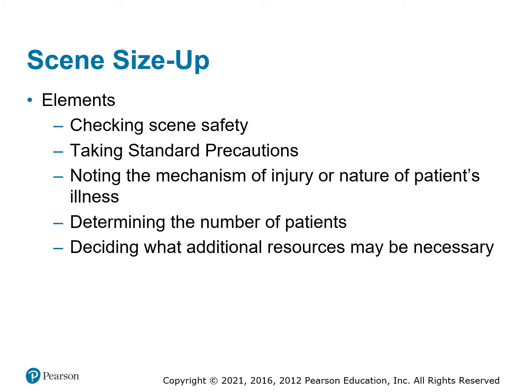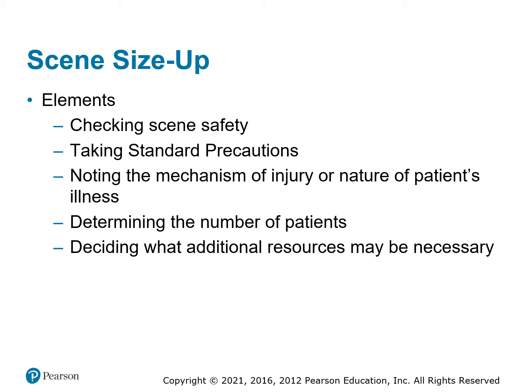Maybe there's tons of traffic and police aren't there. You need police there to help contain the traffic. Maybe it's wintertime and the roads are icy and it's not a safe situation for you because every time that you go to get out of the vehicle, there's a car swerving around. So maybe you need to get the Department of Transportation out there to slow down traffic or to salt the roads or whatever the case may be.